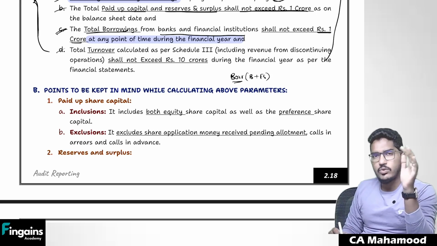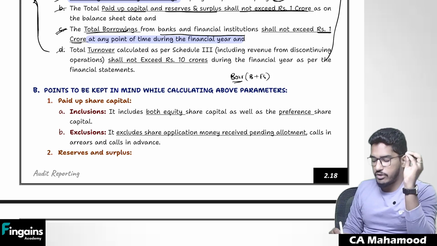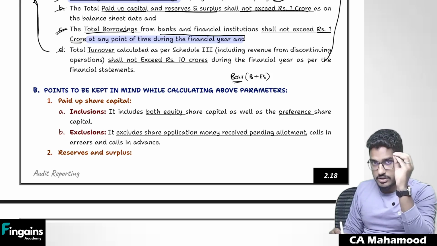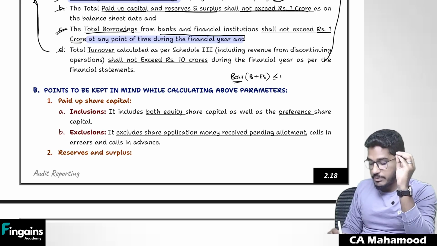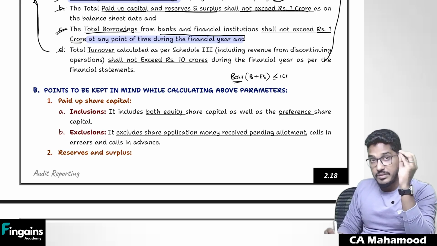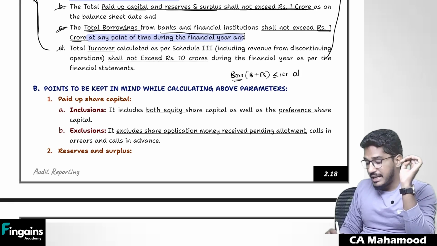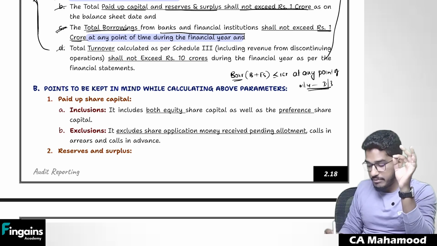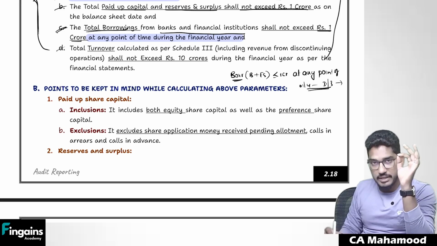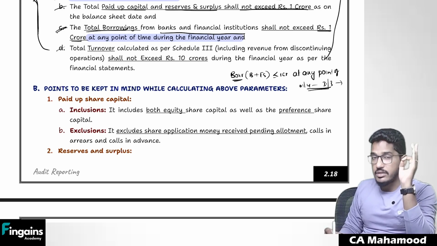Every kind of borrowing, secured, unsecured, short term, long term, every kind of borrowing from banks and financial institutions shall not exceed, that means it should be less than or equal to 1 crore, not just as on the balance sheet date, but at any point of time during the financial year. At any point of time, from 1st of April till 31st of March, if the borrowings from banks or financial institutions exceed 1 crore, then CARO will become applicable.